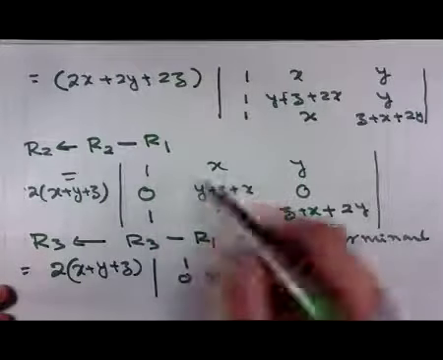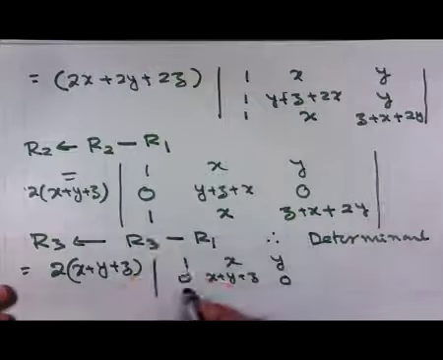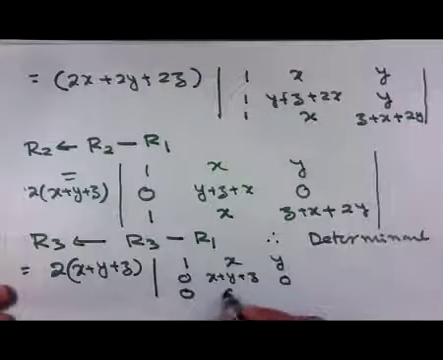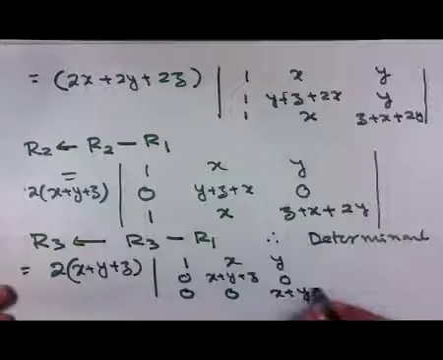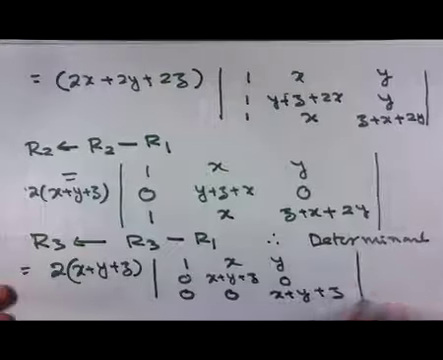Now I am subtracting row 1 from row 3: 0, 0, x plus y plus z.